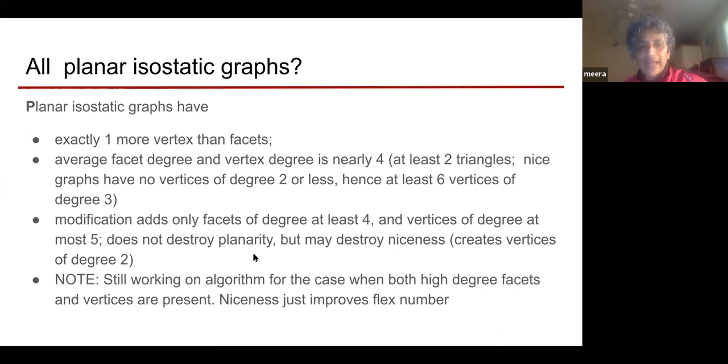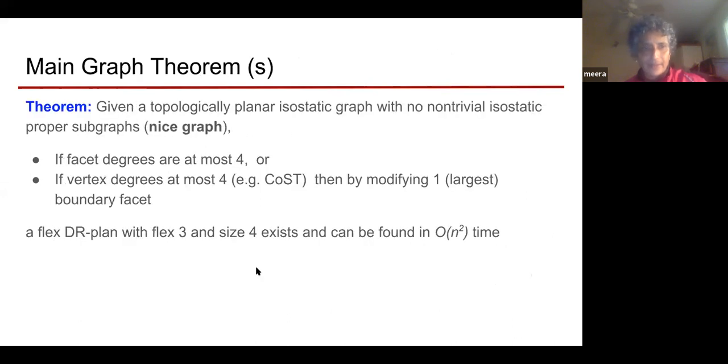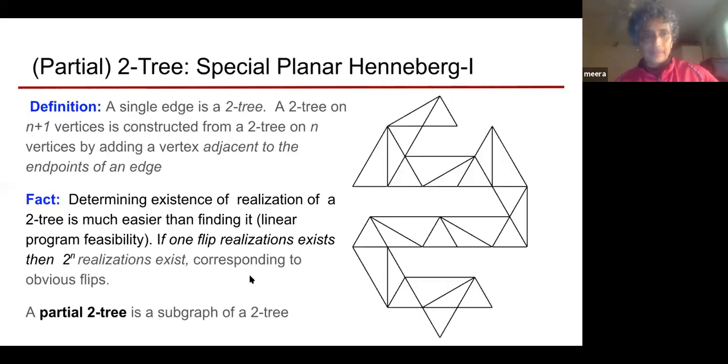You can do that. You've got to work a little bit to decide how to do some modification to the graph without potentially changing too many of the solutions. But that's still in process. So if you do have a good, nice planar graph, as I call it, then we can do this.